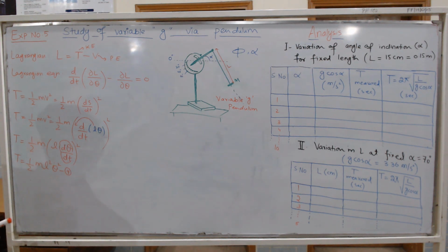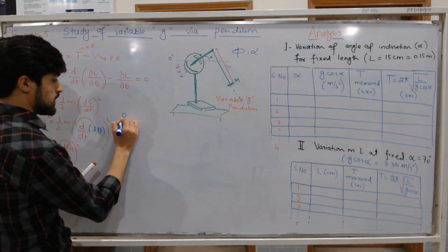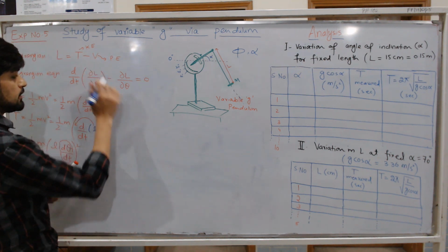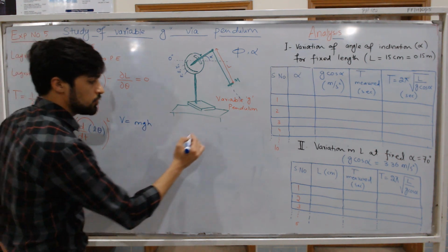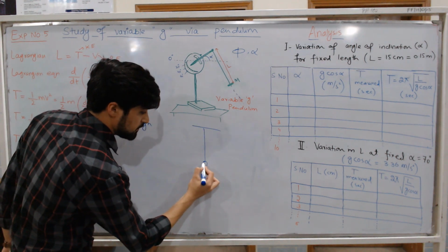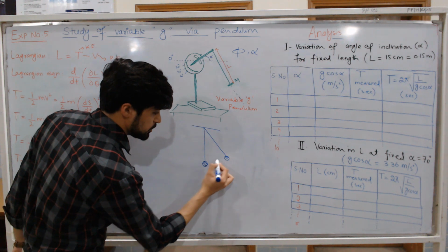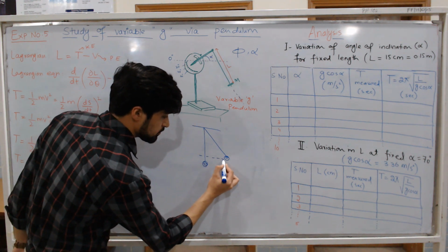Now let's move towards the potential energy, represented by V, which is equal to mgh. Again from the simple pendulum, if the pendulum moves from this position to this position, it will cover some height h.